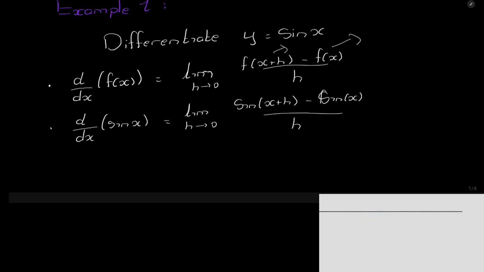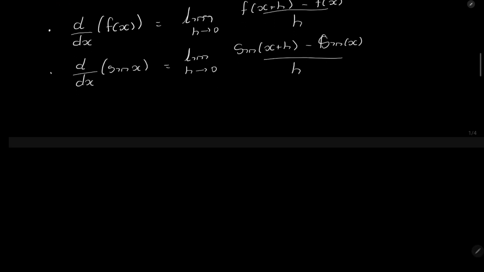We need to simplify sine of x plus h. Using angle identities, we all know that the sine of x plus h is the same thing as the sine of x times the cosine of h plus the cosine of x times the sine of h.